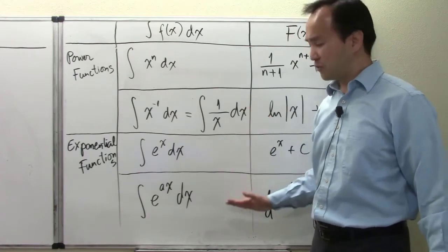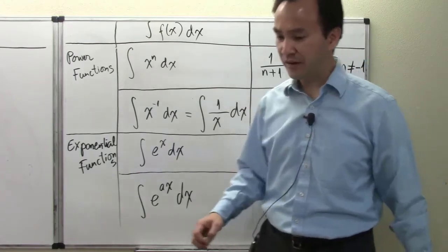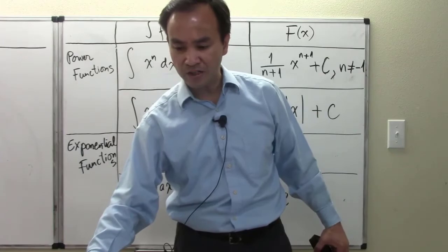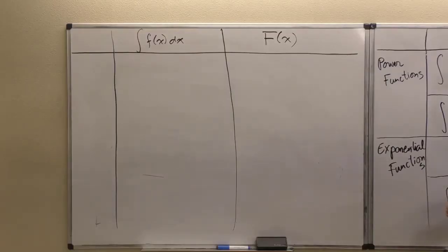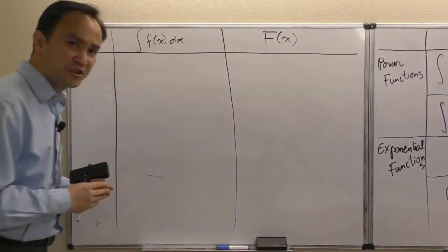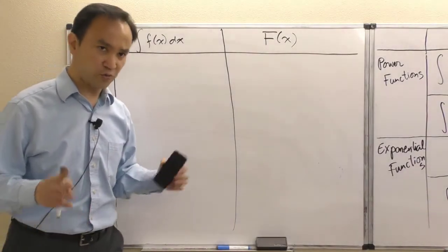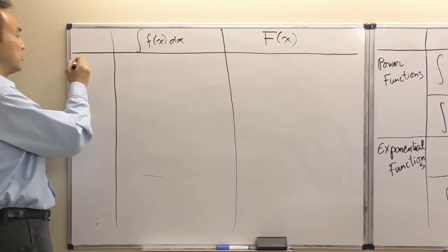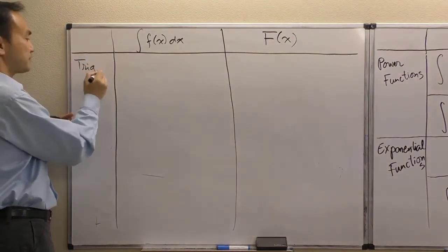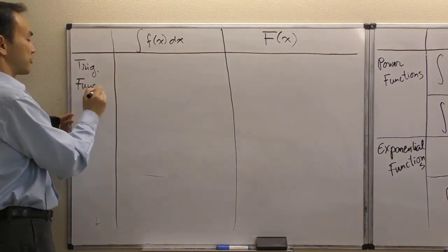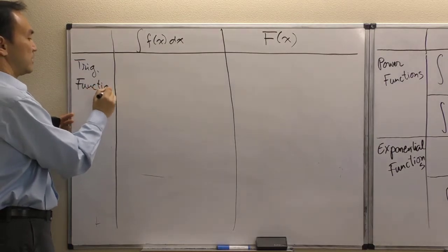So in this way, having revised my table a little bit, now we are ready to put our new functions in there. Aside from the power functions and the exponential function, we just now learned that there are also the trig functions. Let's put them here on the board and see.